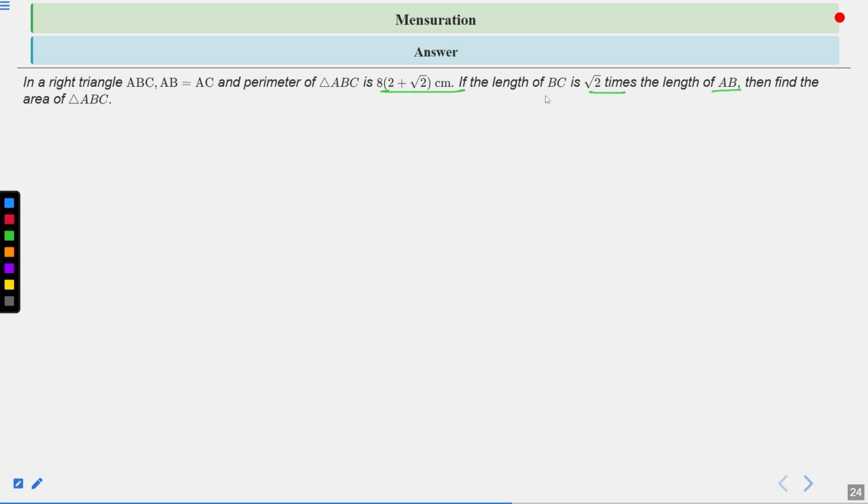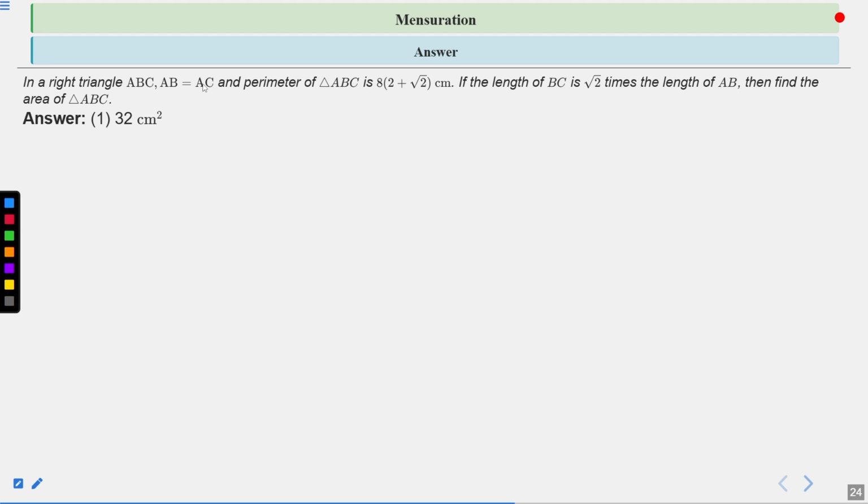So if we let the length of AB equal x, then the length of BC is root 2 x, and AC is also x. So x plus x plus root 2 x equals 8 into (2 plus root 2), because the perimeter is given. Then we find the area of the triangle. So first we need to calculate the side, then we can calculate the area of the triangle.